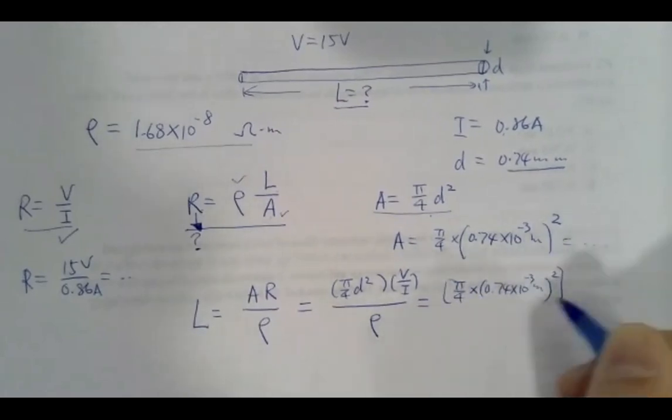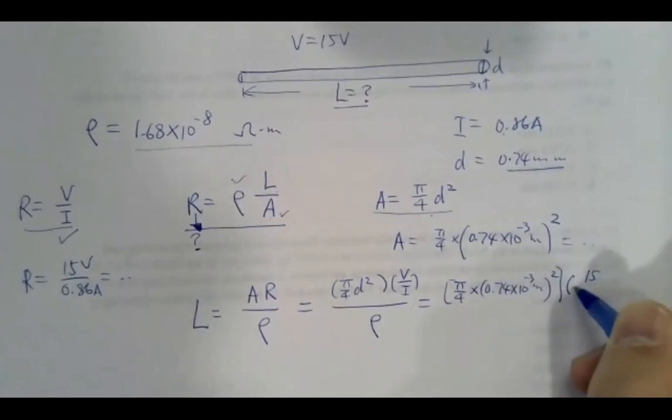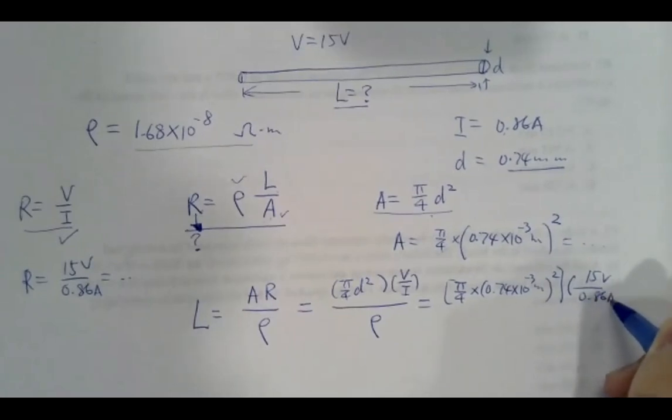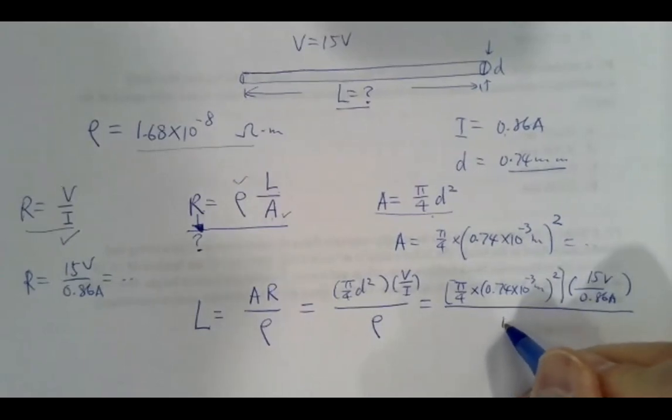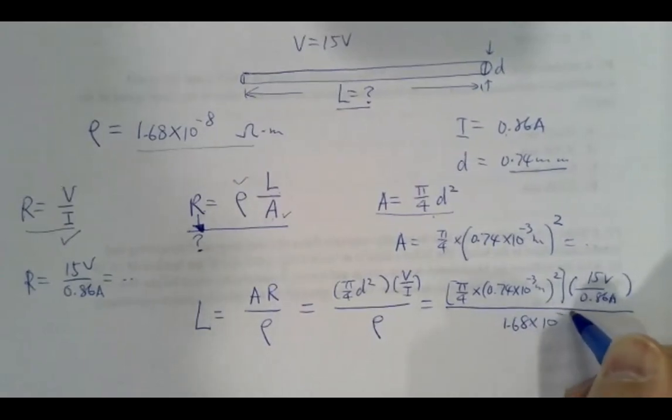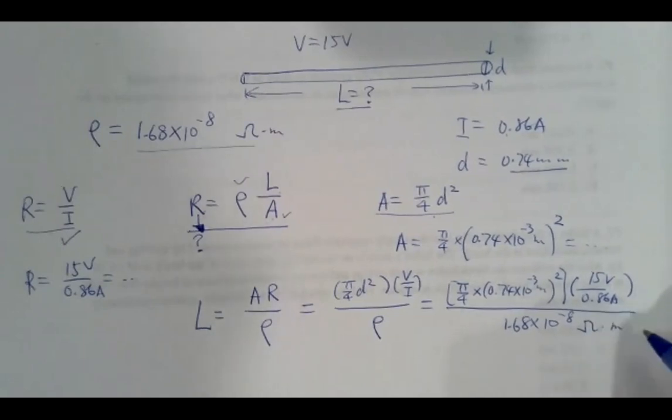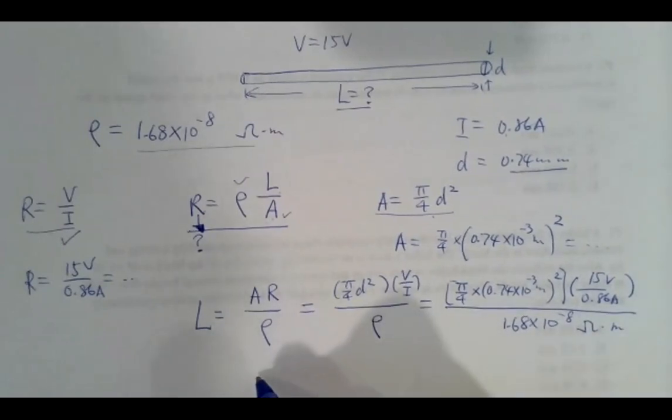Squared, times 15 over 0.86 amps, divided by this 1.68 times 10 to the minus 8 ohm meters. All right.